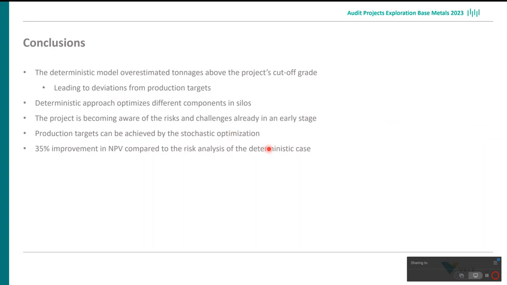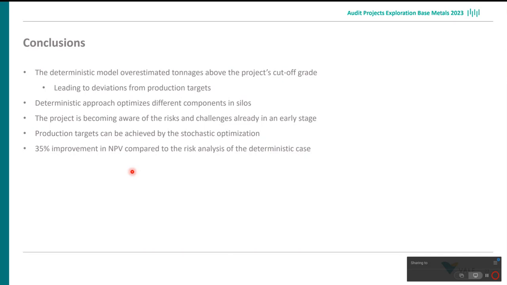And we were able to achieve the production targets that we initially thought, okay, maybe we have this amount of material that we initially thought. We were able to improve NPV by 35% compared to the risk analysis of it.